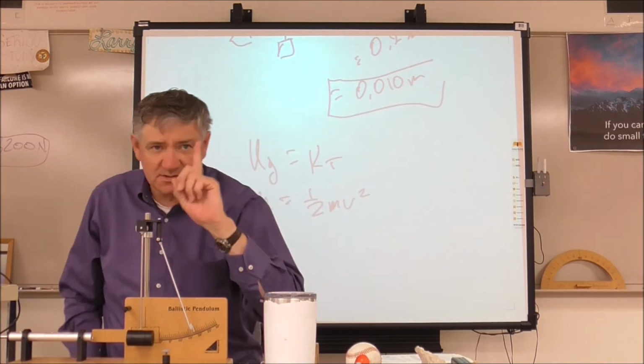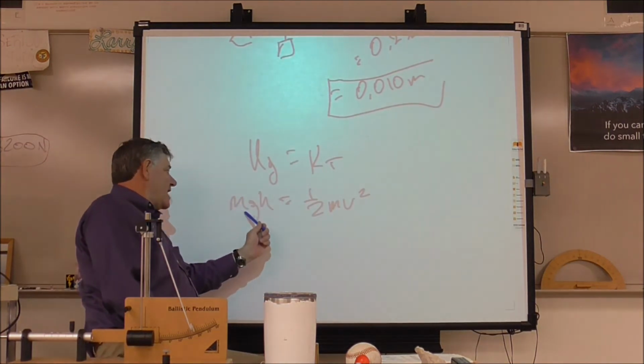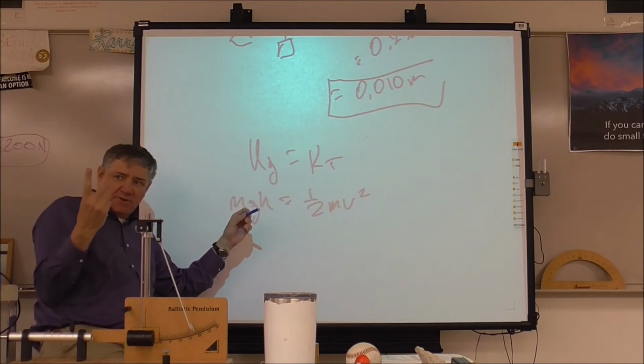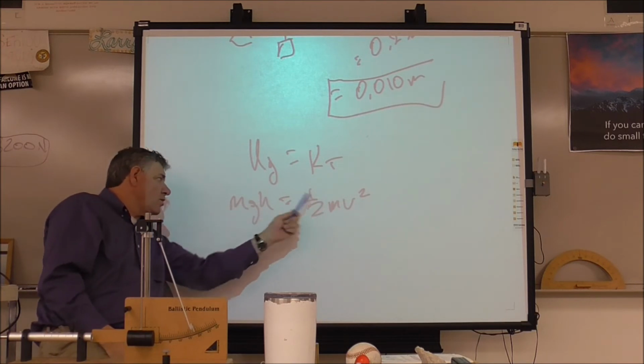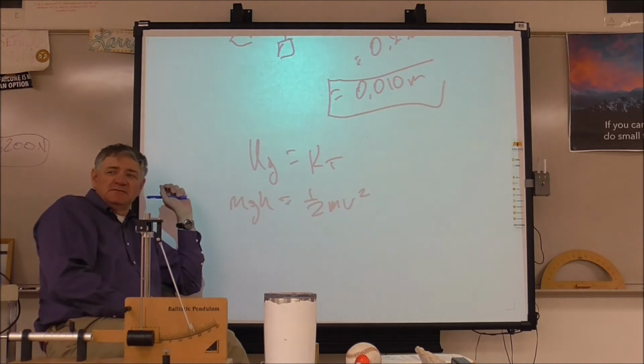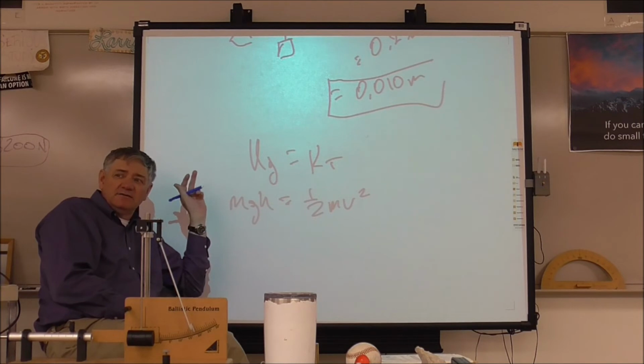Now, here's the trick. Is this mass the mass of the marble, the mass of the pendulum, or is it the combined mass? Yankee, come on. Why? Your answer is right.